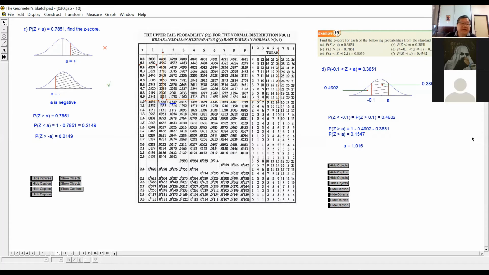So for beginners, try to draw the graph and see what they are talking about. Then from there, you minus this part, minus that part, then you get the probability of the upper tail. Okay, this is D. We have E and F, two more questions.